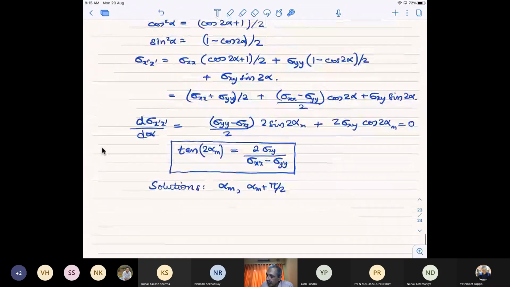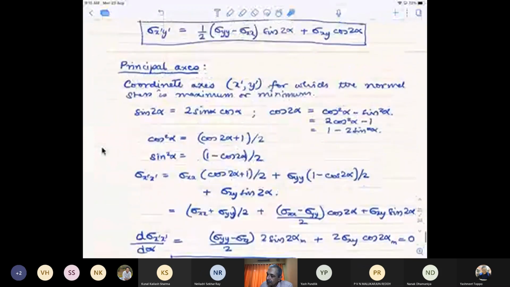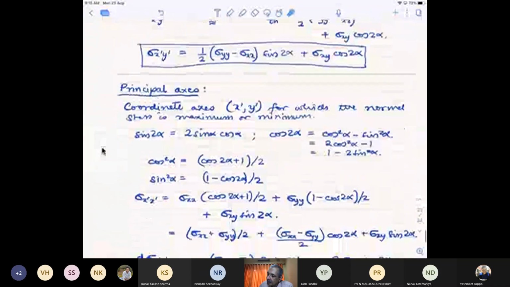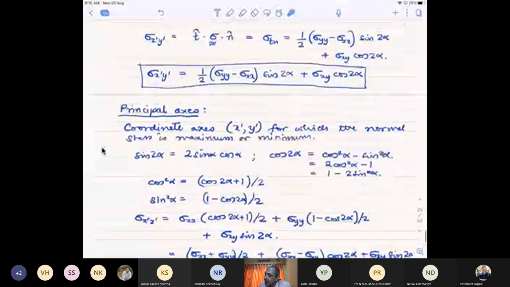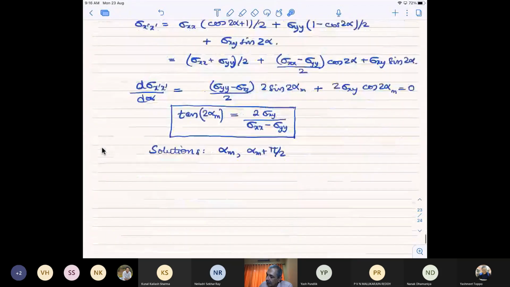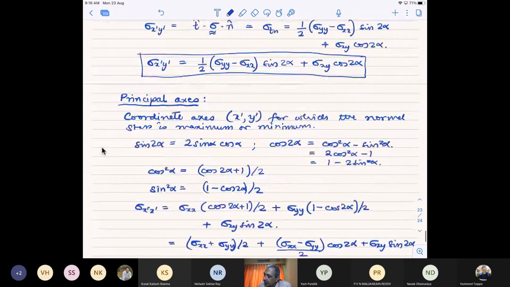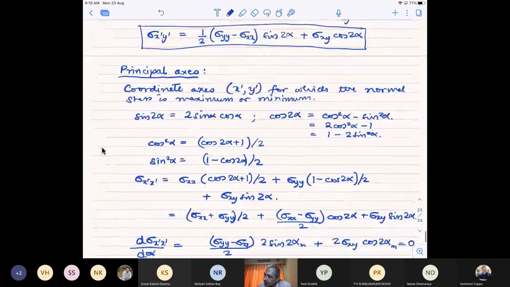Actually you can also prove that if we substitute now in sigma x prime y prime of alpha m, I'm going to take this formula and take cos of 2 alpha m common.